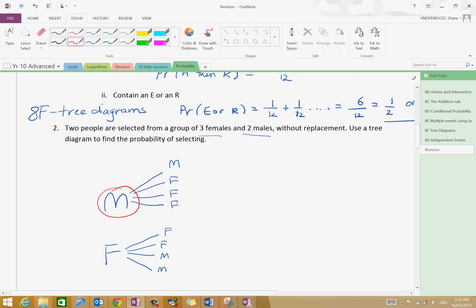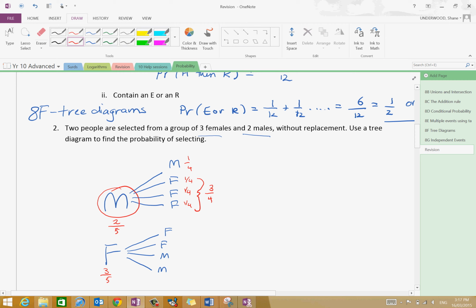The probability of getting a male is 2 out of 5 over here. Probability of a female is 3 out of 5. The probability of getting a male over here, once we've selected one, is 1 out of 4. And the probability of each of these, if you like, is 1 out of 4, 1 out of 4, 1 out of 4, which I guess we could say the probability of getting a female in the second one for this side of the tree is actually 3 out of 4.